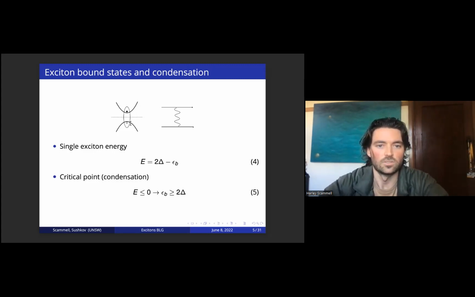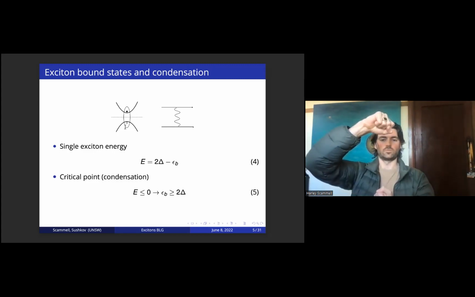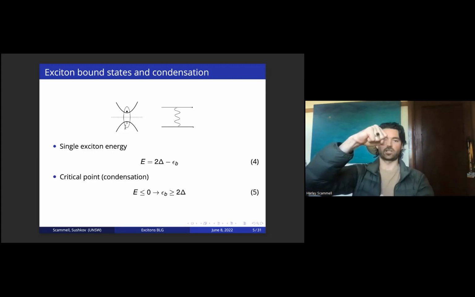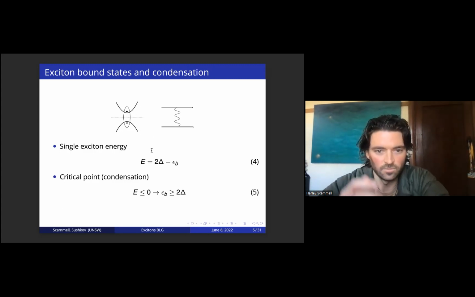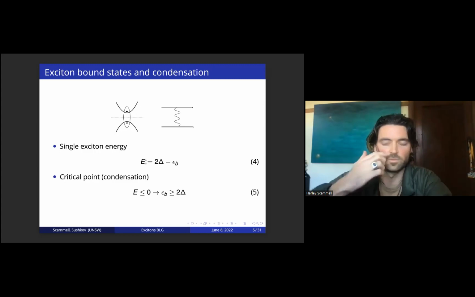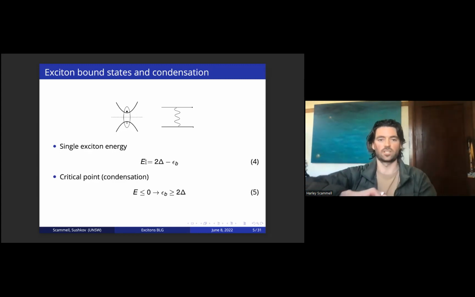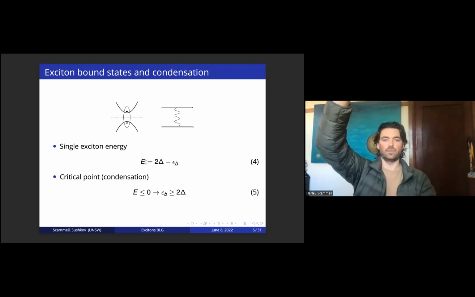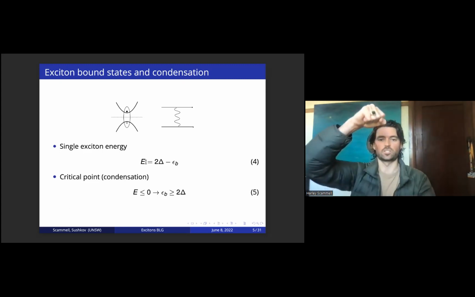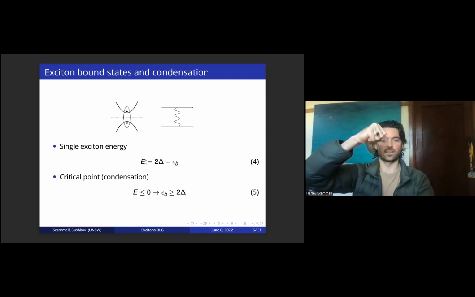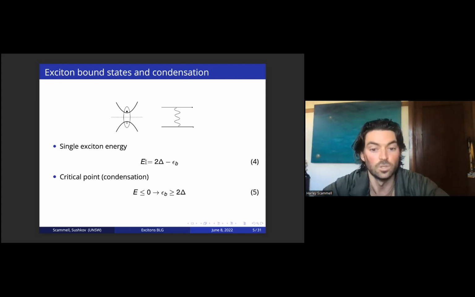These excitons form a bound state because there is an attractive Coulomb interaction between the positive and negative charges. So in terms of energetics, a single exciton has a total energy E. This is at zero total pair momentum of the exciton, which is given by how much energy it costs you to kick it across the band gap, minus the binding energy, which is basically how much attraction there is between the positive and negative charges coming from Coulomb.